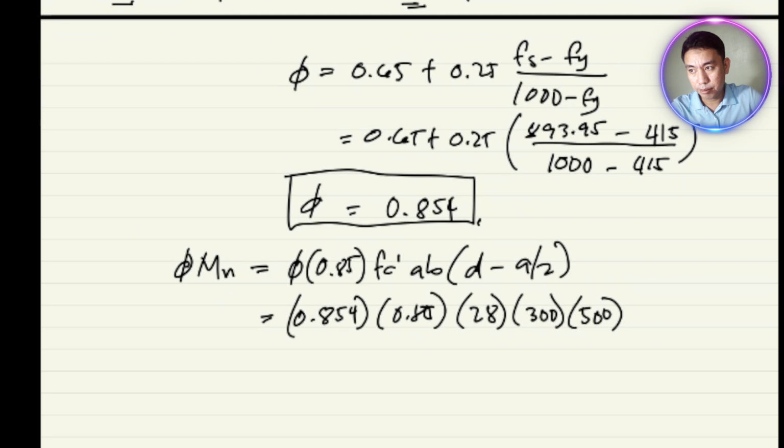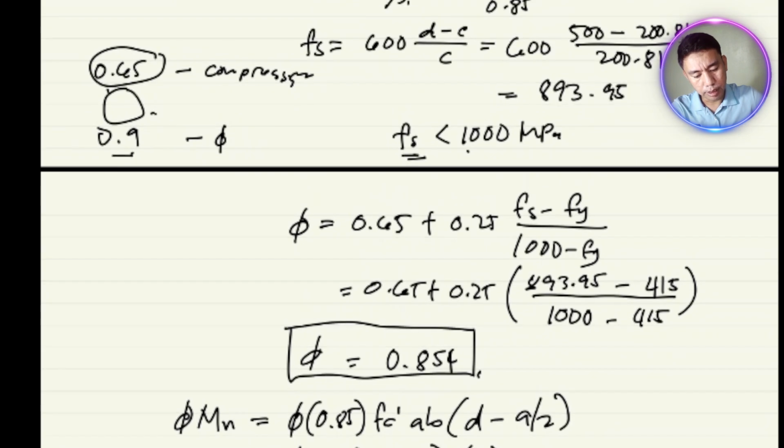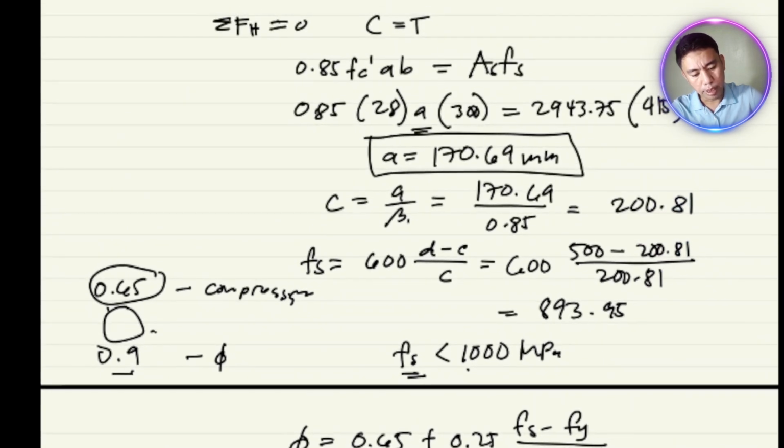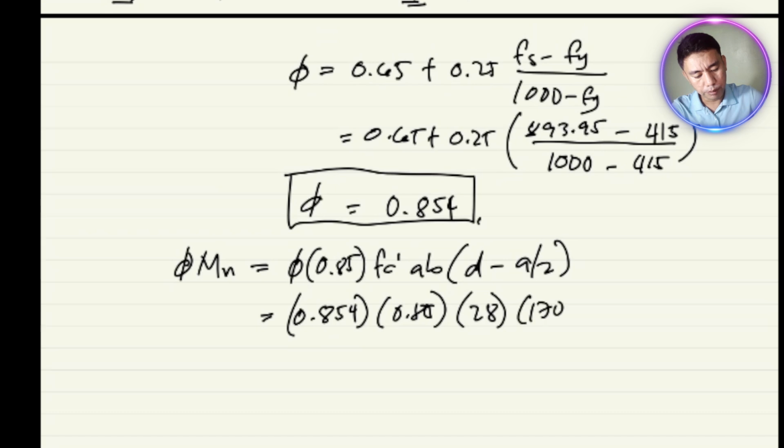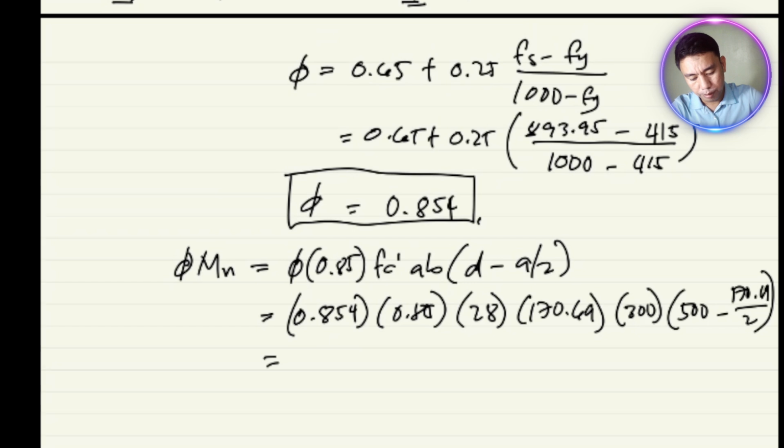Mali, mali, mali. Ang A is not 300. B is 300. We have solved for A actually. Here A is 170.69. B is 300. Ang D is 500 minus A, 170.69 over 2. Okay. So we have VMN.